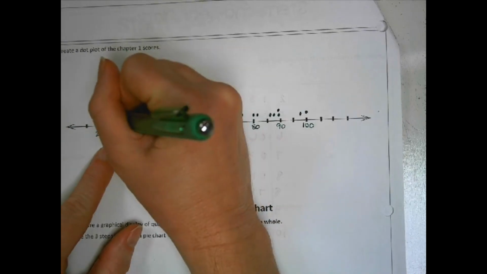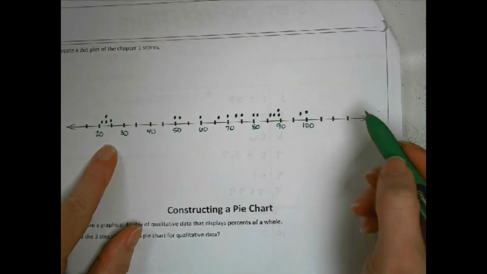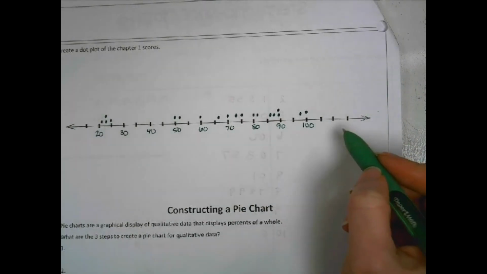Are those 2 points above the 90? They're above 89. Oh, I had 2 89s.